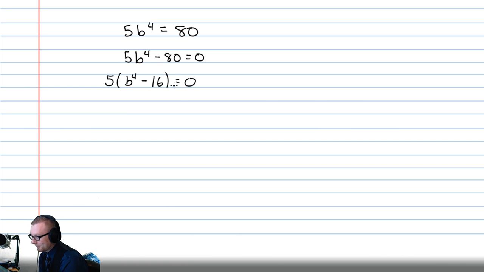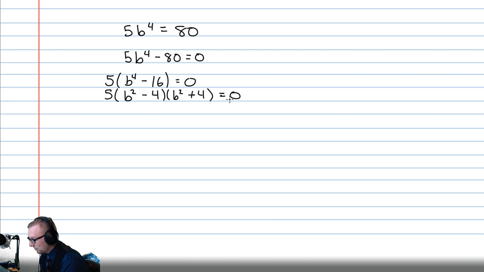Equals 0. And by doing that, the 5 will go away, and it will be b squared minus 4 and b squared plus 4 equals 0.